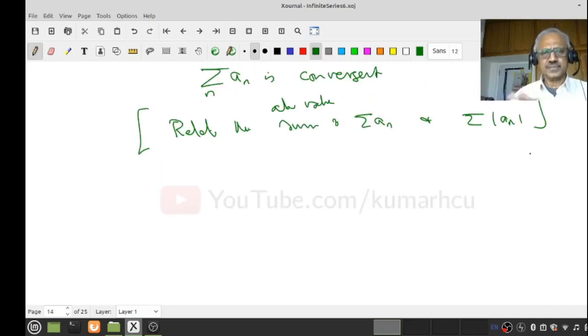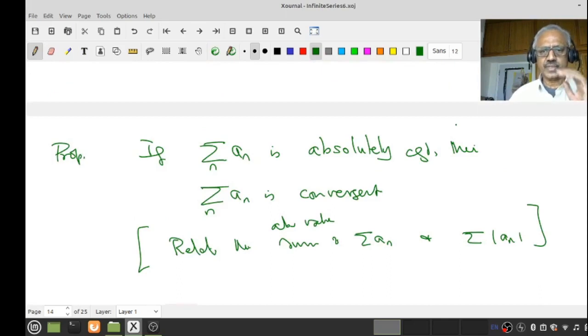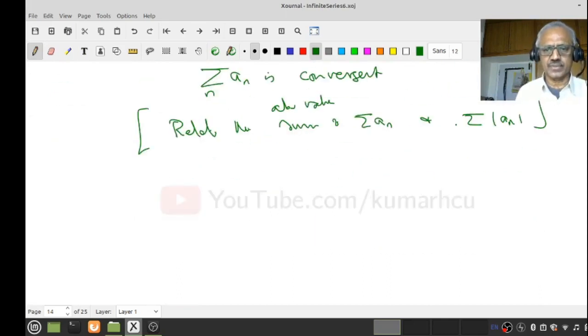Don't worry about what it is, we will do it in a minute. So when a_n is absolutely convergent, I want to say a_n is convergent.